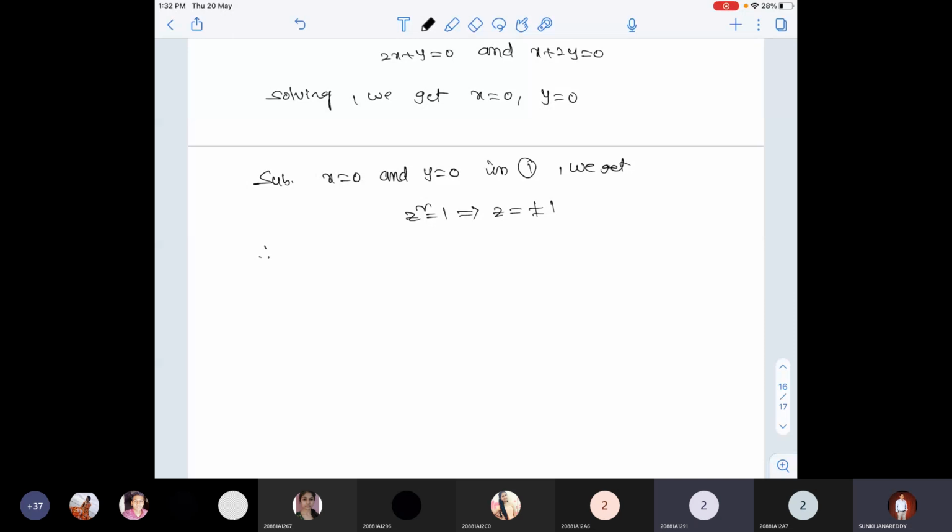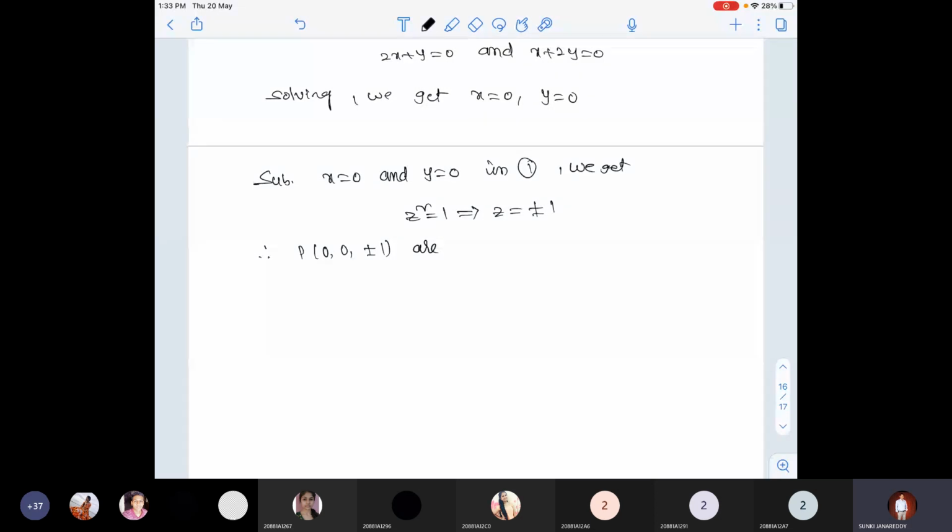Understood, sir. Okay. Next, what is P here? P is x, y, z. x equal to 0, y equal to 0, z equal to plus or minus 1. These are the points on the given surface. P is equal to 0, 0, 1, and the next one is 0, 0, minus 1.